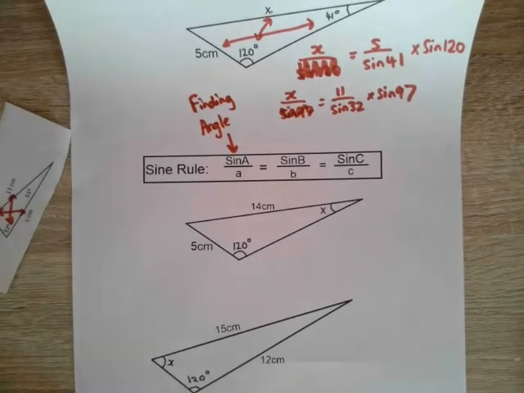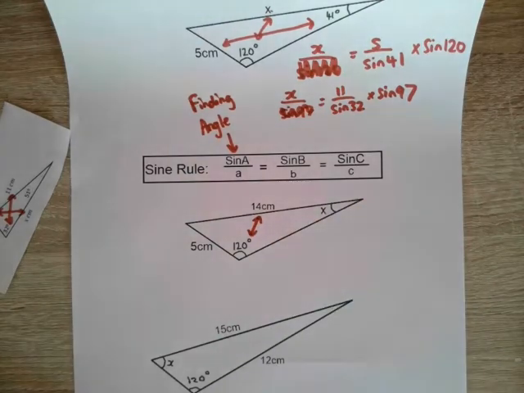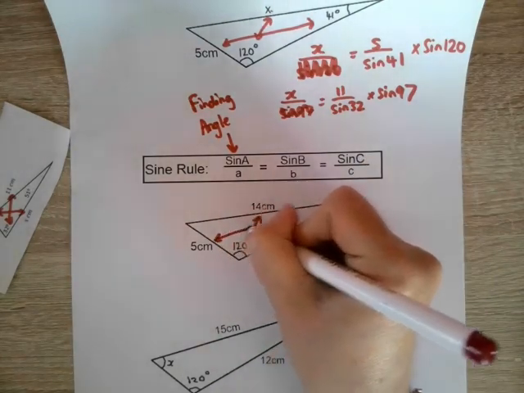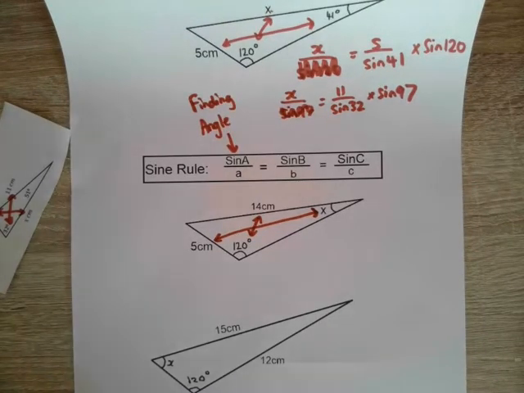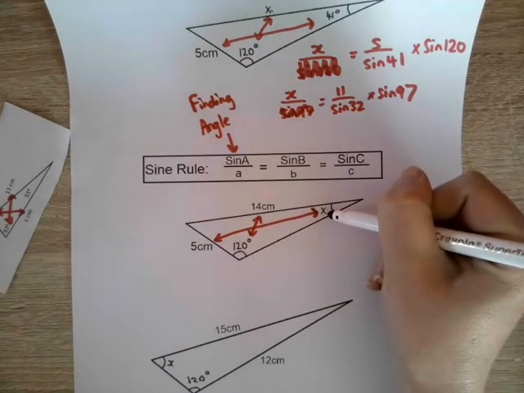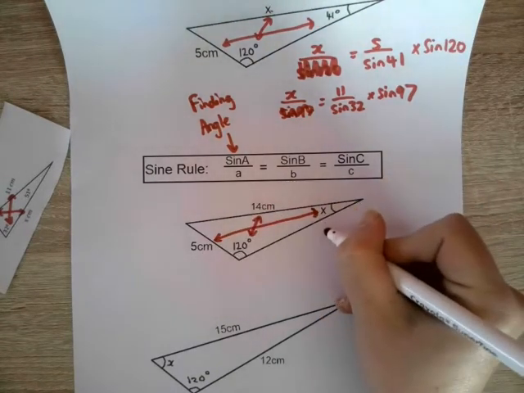So the starting point is exactly the same in that you're trying to pair up your opposite sides. The 14 is opposite the 120 and the x is opposite the 5. The only thing that's different when we're trying to find an angle is that rather than writing 5 over sine x, it's now going to be sine x over 5. So we're just doing it the other way around.